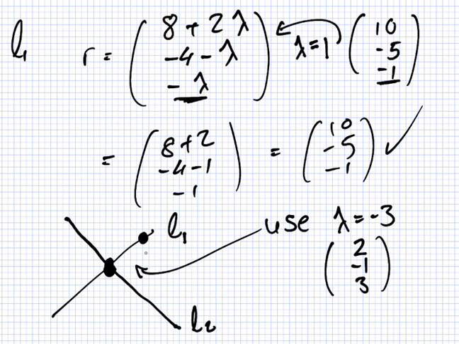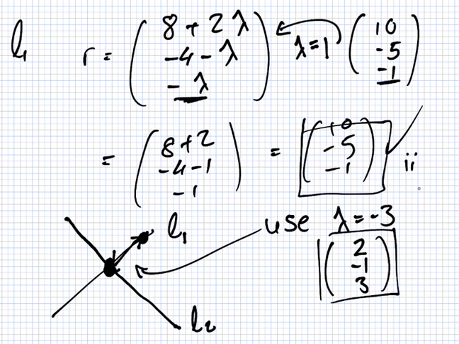And they want the distance between L1 and the line L2, which in other words, they want the distance between these 2 points. This is the answer from part 2, and this is the one from part 3. So what's the distance between those 2 points?